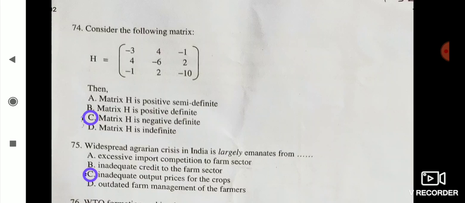So if the odd principal minors are negative and even principal minors are positive, then it is called a negative definite matrix. Remember, if the odd principal minors are negative and the even principal minors are positive, then it is called a negative definite matrix. So here the correct answer is option 3, that is matrix H, which is a negative definite matrix.